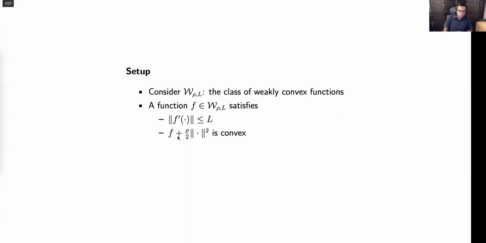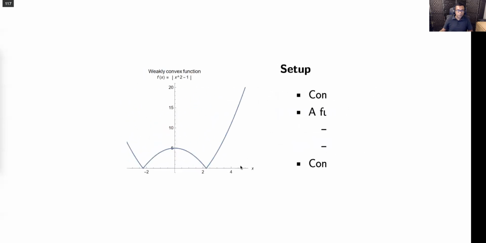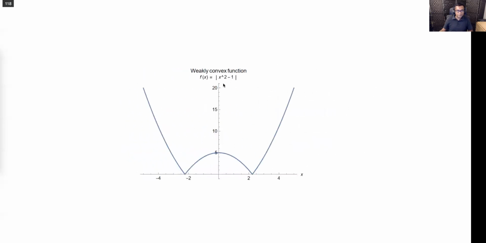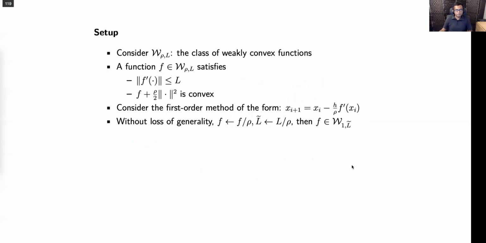Even though f is non-convex, if we add a sufficiently large norm squared term to this f, it becomes convex. One simple example is the function absolute value of x squared minus 1. As you can see, clearly this is a non-convex function, but if we add a sufficiently large quadratic regularizer to it, it becomes convex.